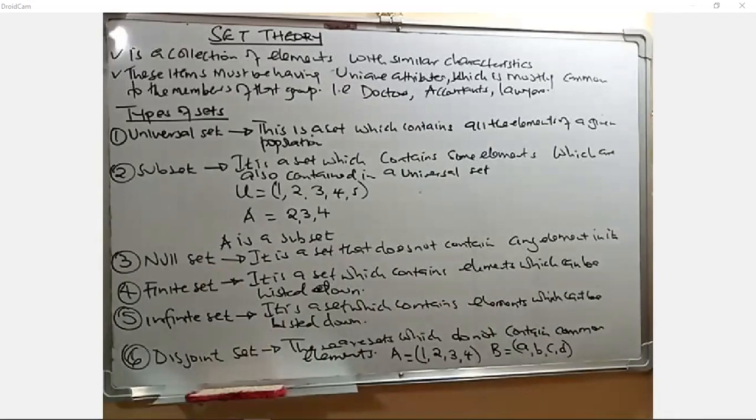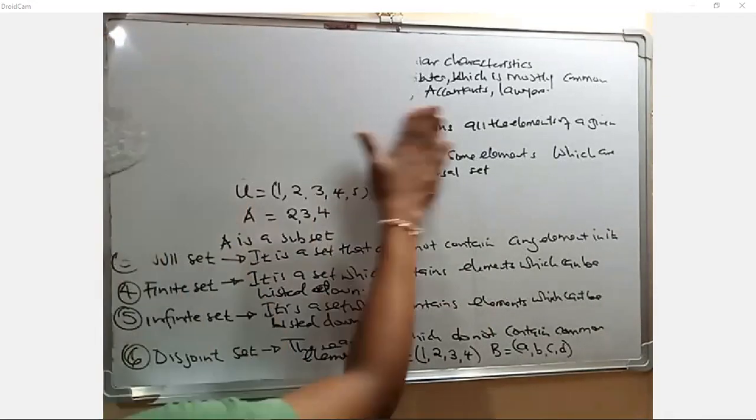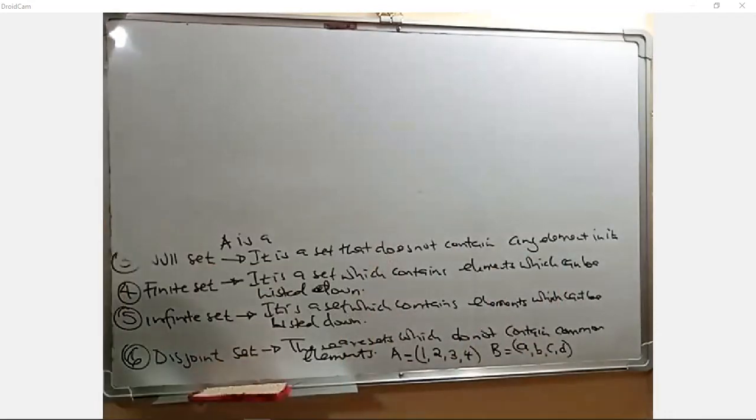Then we have the other one, equivalent sets, number 7.